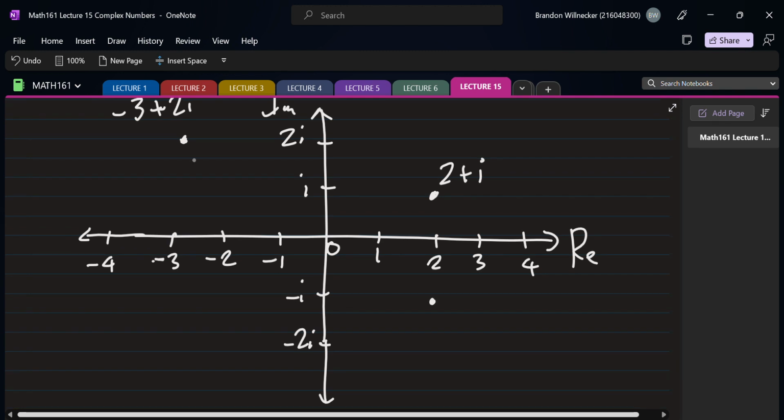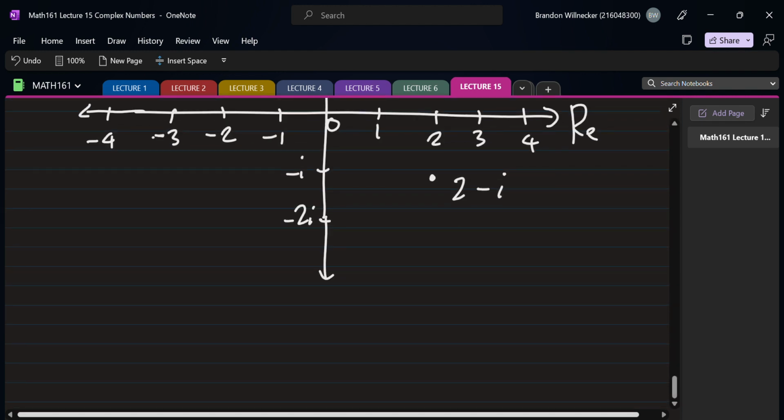Another point here will be 2 minus i, so plus 2 in the real direction, and then minus i because we're going down into the negative imaginary part. You can plot several other points based on the real part, horizontal, and imaginary part, vertical.